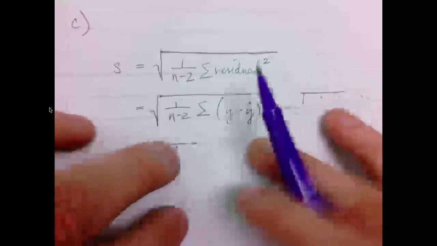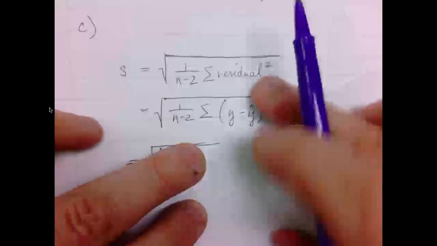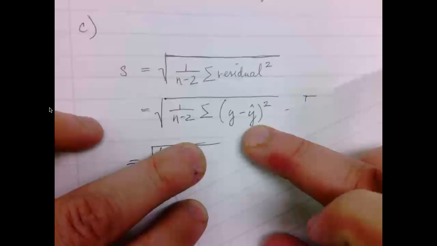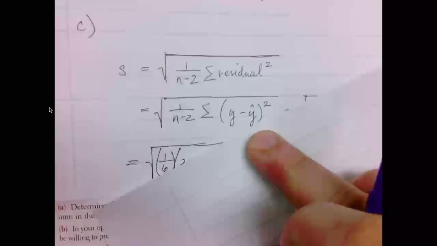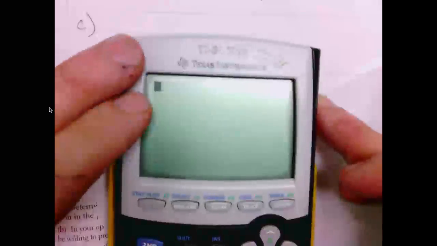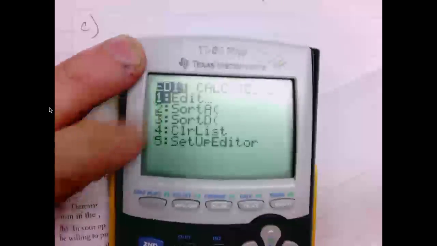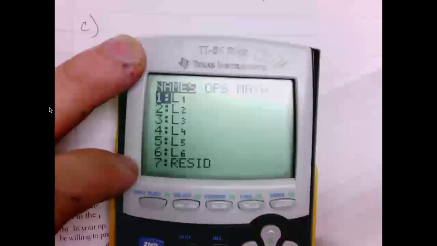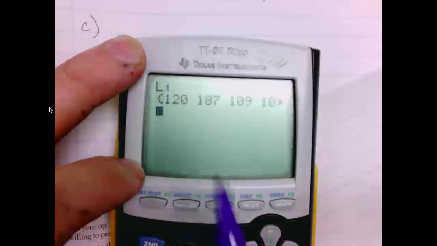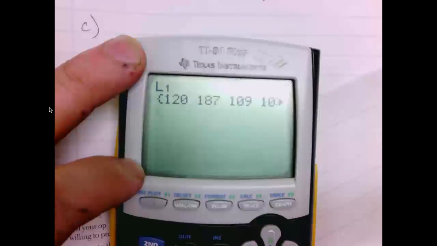Well, the residual is the y minus y hat, the predicted y. If you use your calculator, you can find these quantities. After performing my regression, I go second stat, and we'll see number 7 is the residuals.